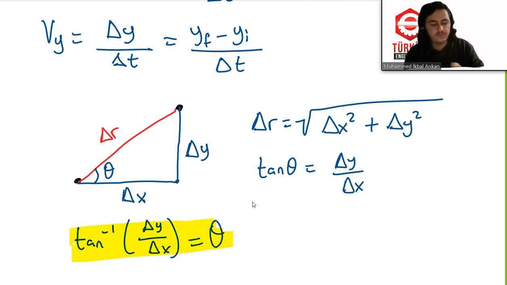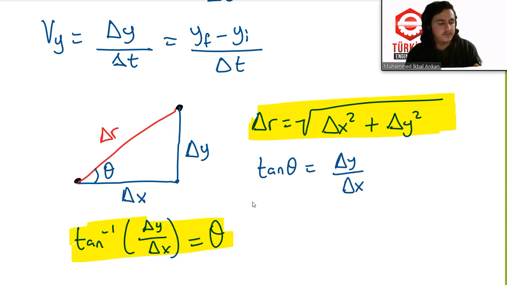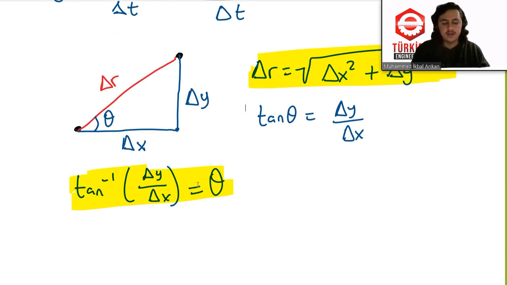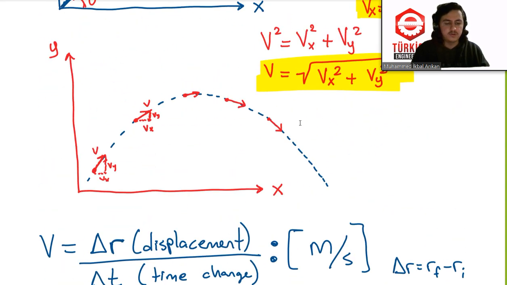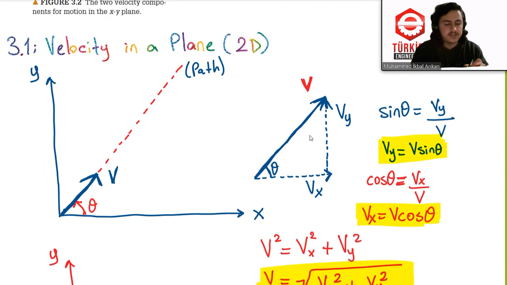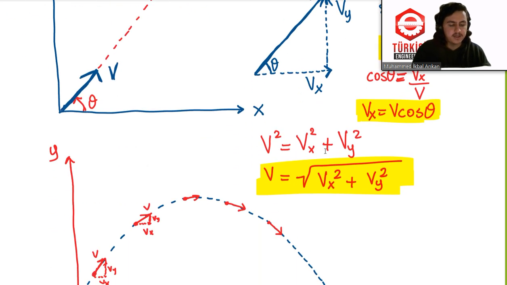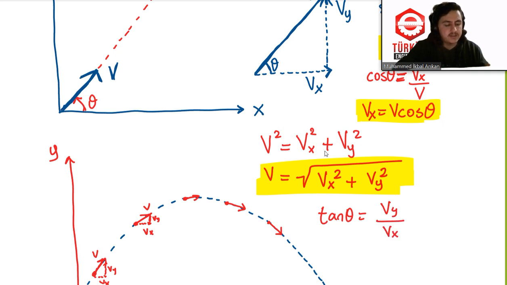So this is one of our equations, and this is the other. And we can use this idea for angle theta in velocities also. So between each velocity component, this angle can be calculated by the same idea. I will put here our velocity angle formula. So the tangent of theta will give me Vy, because it is the opposite, and Vx is the adjacent.